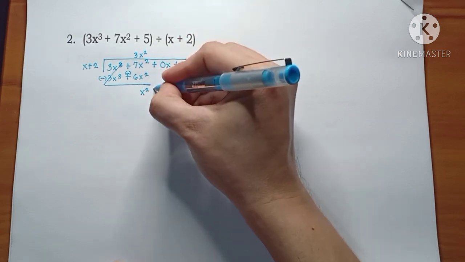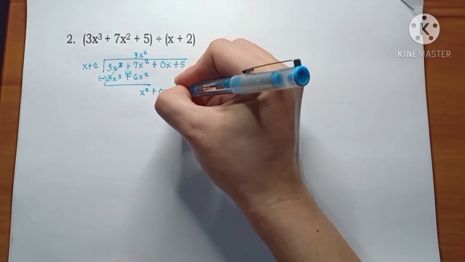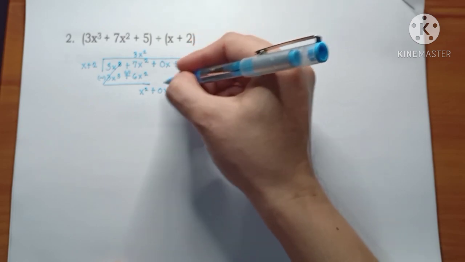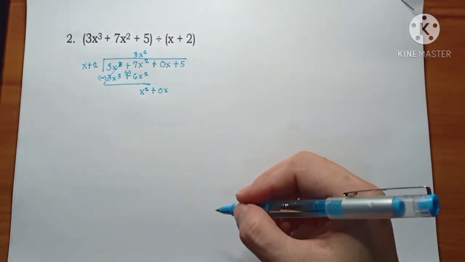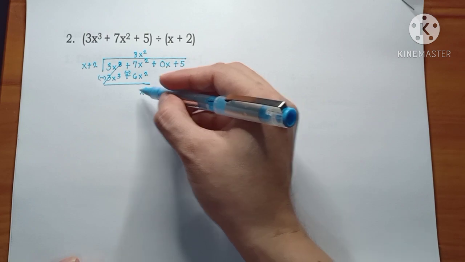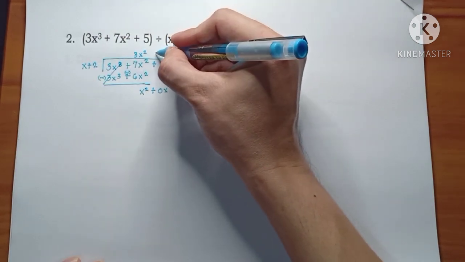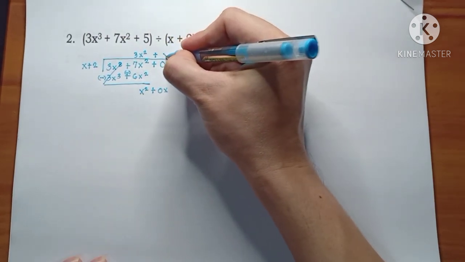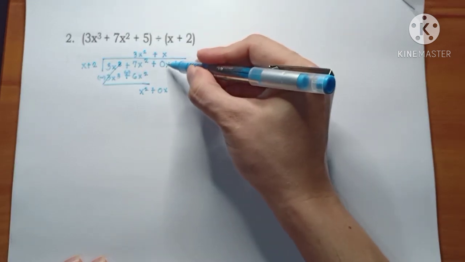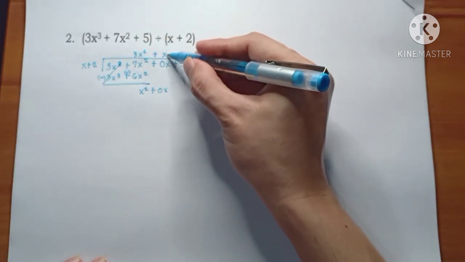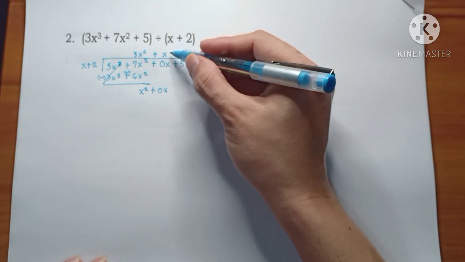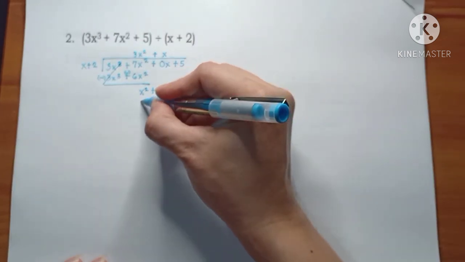And then plus 0x. So, wag mong diretso. Isa-isa lang ang pag-bring down. Okay. So, x squared divided by x is x. So, plus x. Kaya kung napansin nyo, kaya nilagyan natin ng 0x para alam natin na yan ay sagot niya dyan sa taas ay x pa rin. So, x times x is x squared.